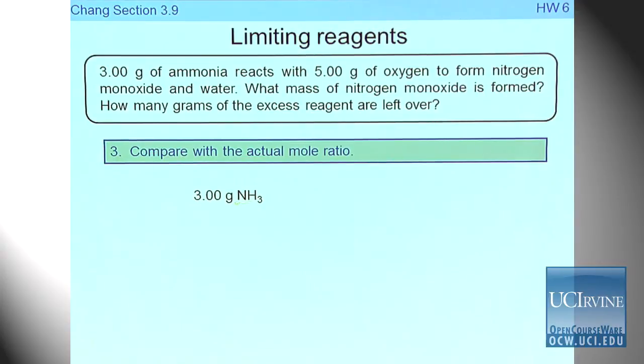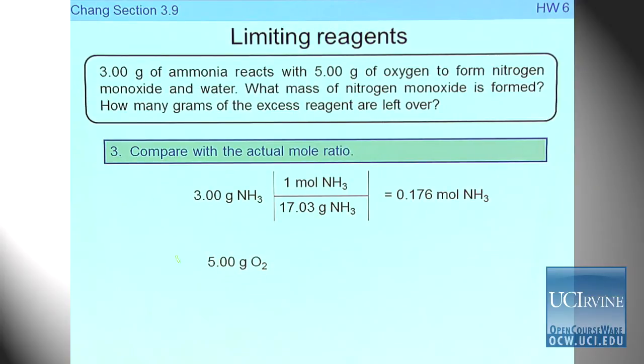So there we go. I have 3 grams of ammonia. I convert it into moles by dividing by the molar mass of ammonia, which is 17 grams per mole. That calculation gives 0.17 moles of ammonia. I have another reagent, oxygen. I have 5 grams of oxygen.